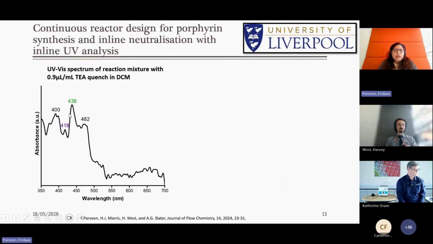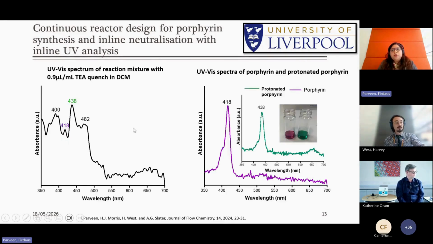And to understand the peaks at 418, 438, 482, we ran the standards of porphyrin and protonated porphyrin, and immediately we figured out that 438, which is the major peak in the reaction mixture, is coming from protonated porphyrin, and 418 is for the porphyrin.